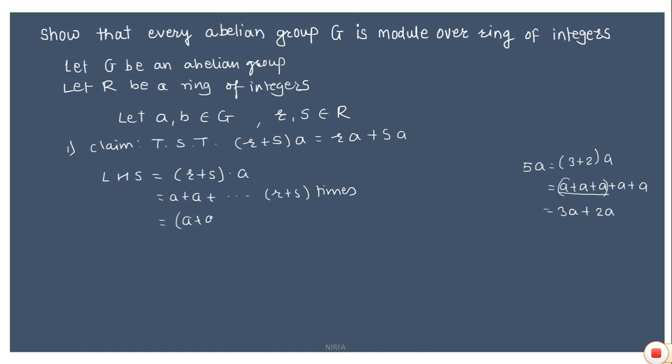So we can put a bracket with a added r times, plus another bracket with a added up to s times. And therefore we can write the first bracket is r times a and the second bracket is s times a. And this is your required right hand side, and this is true for all elements of G and r, s. So the first condition is over now.